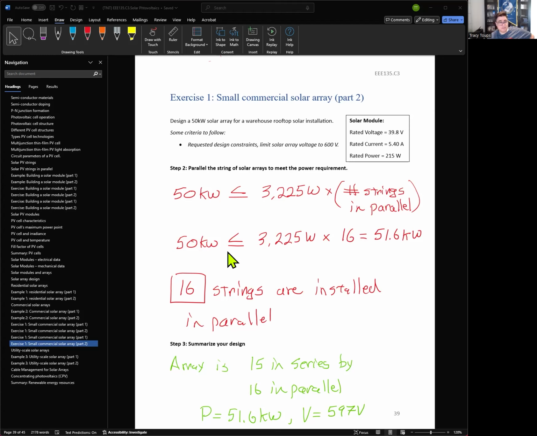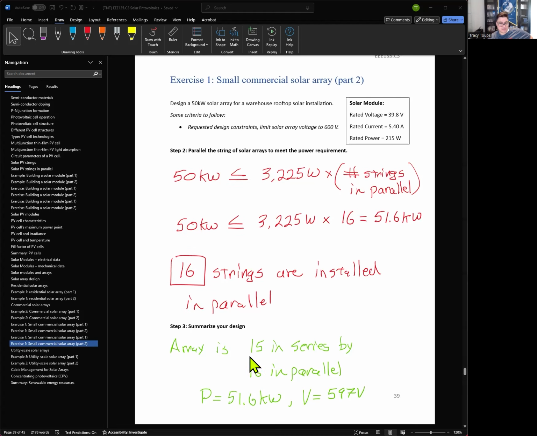So take the 15 modules in series, that's the string, and then copy and paste it 15 more times and put them all in parallel. So at the end of the day, we have a 15 in series by 16 in parallel array. And the total net output power is 51.6 kW with a terminal voltage of 597 volts.